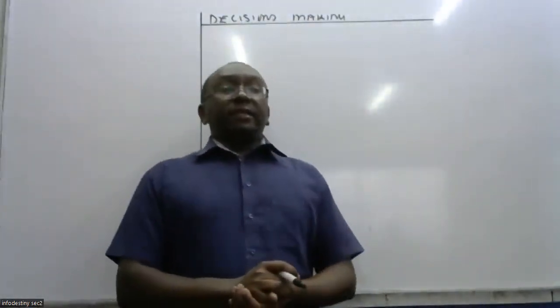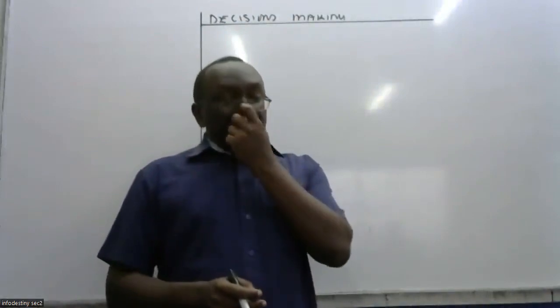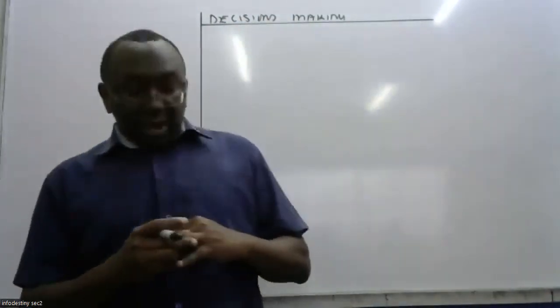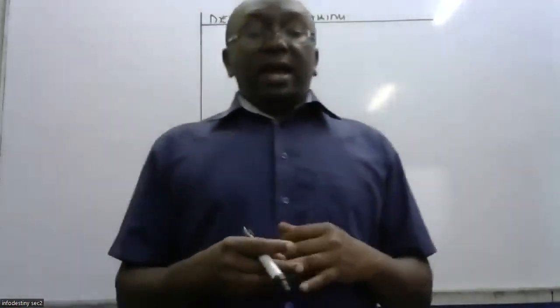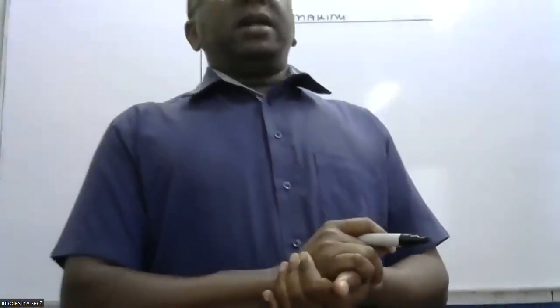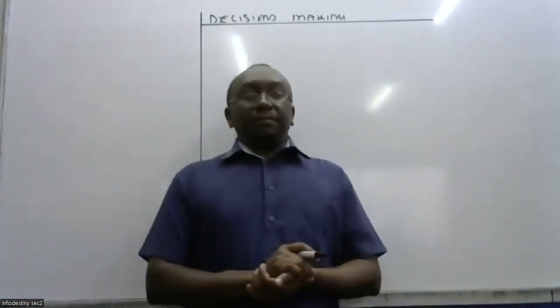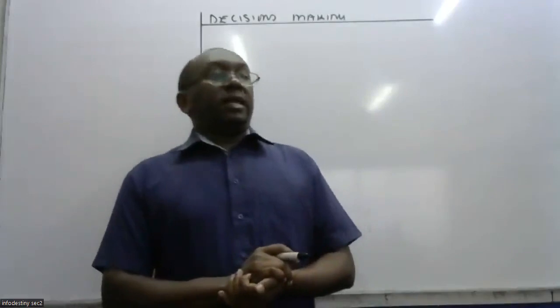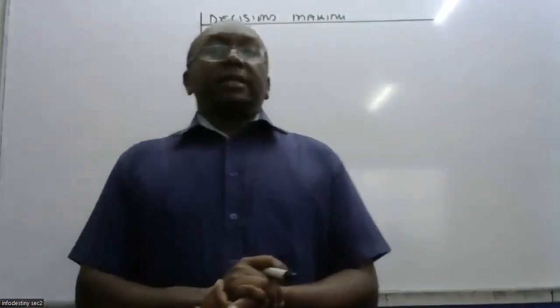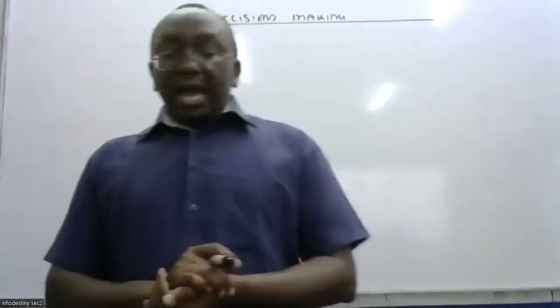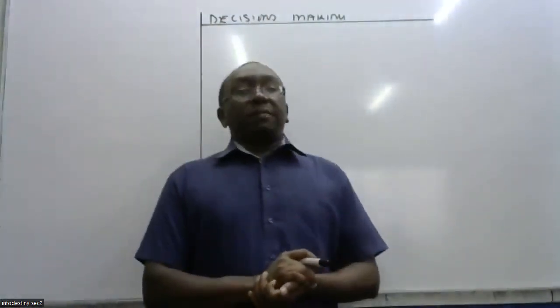The other thing is risk appetite. Risk is the probability that what you get is different from what you are expecting. And it is usually very bitter because it involves loss of resources and loss of time. It's like when you come to this class and I'm not here, that's a risk because you have lost your time and your resources. How you react to that is called risk appetite.